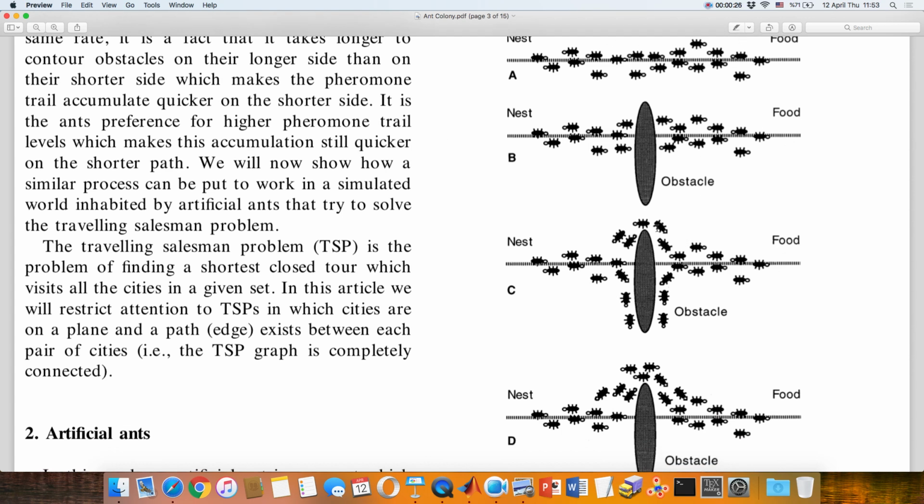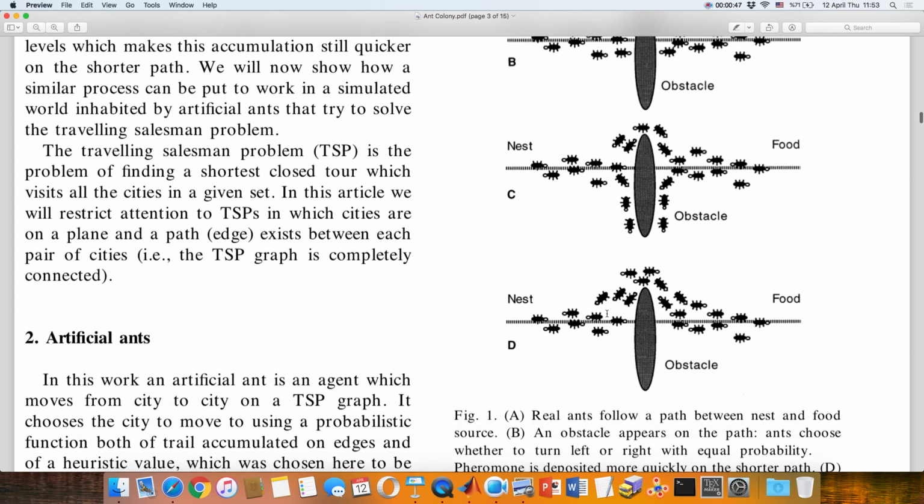They would choose the shorter path because they are leaving trails of pheromones that are evaporating, and the shorter distance means more ants per time. It means more pheromones, it means more favorability, so you get this one.